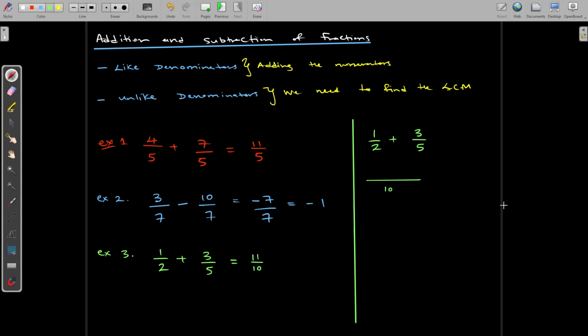Because you have to multiply the 2 by 5, you also multiply the 1 by 5. And since you have to multiply the 5 by 2, you multiply the 3 by 2. So the 1 times 5 will give you 5, and the 3 times 2 will give you 6. And when you add the 5 and the 6, you get 11. And that's how I got 11 over 10.